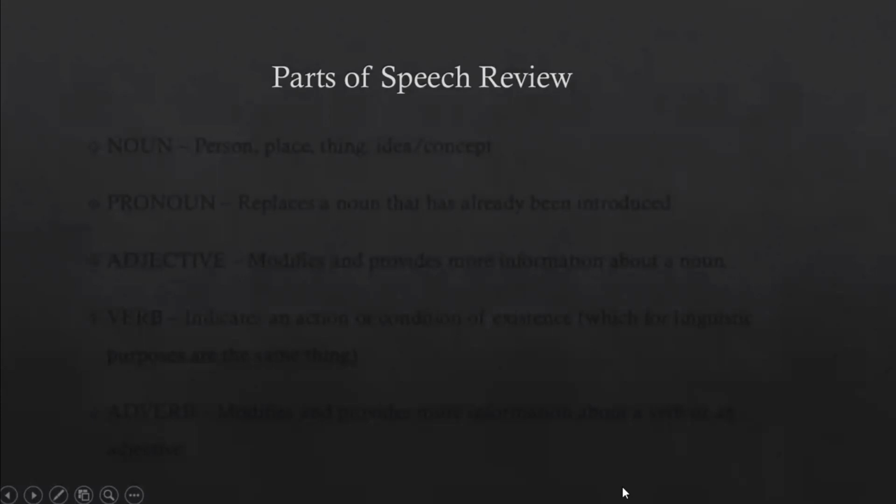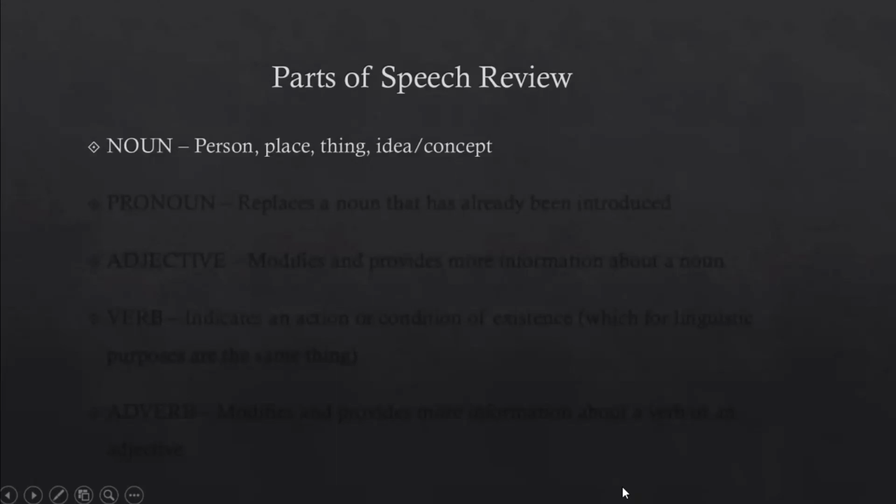It may seem maybe too basic, but a lot of the issues that we're going to be looking at depend on you being able to figure out what individual words are doing in a sentence, what their specific job is, and what their relationships are towards each other. In order to be able to do that, we have to have a pretty clear idea of the different functions and the different roles that words have within a sentence. So it's worth it to spend a minute just going over quickly the parts of speech.